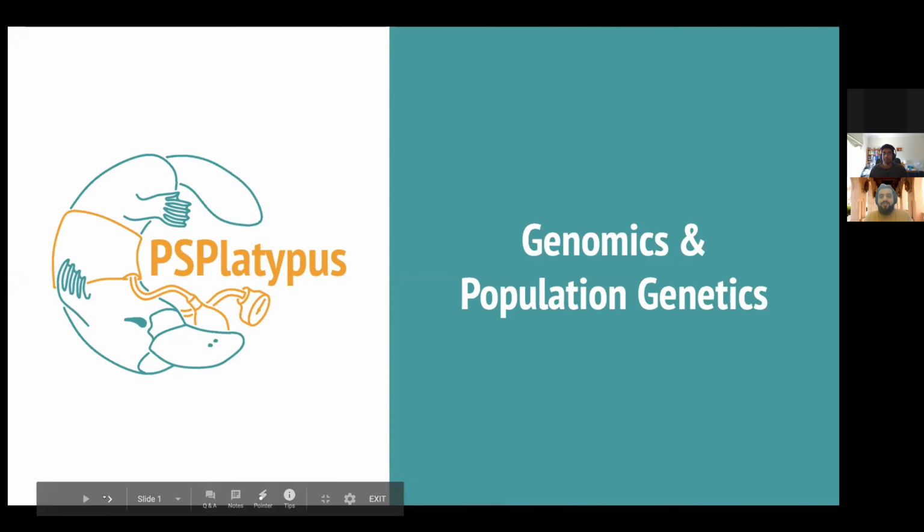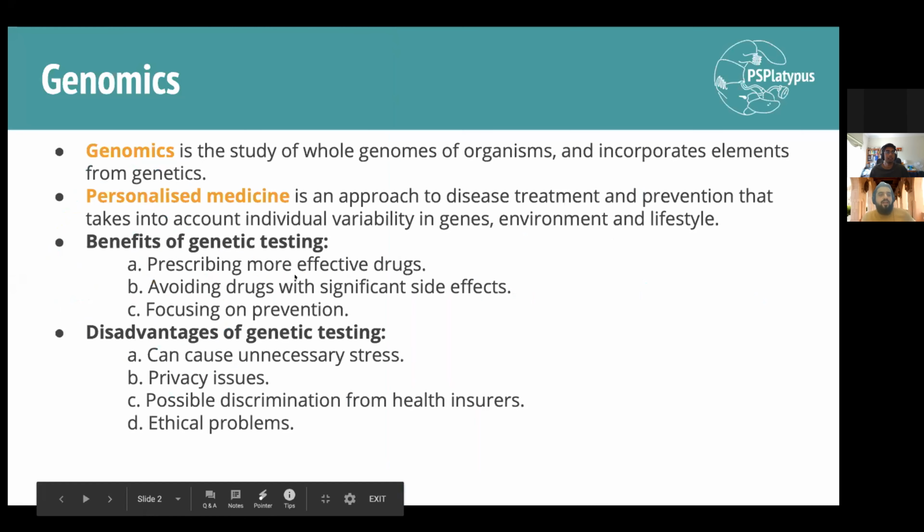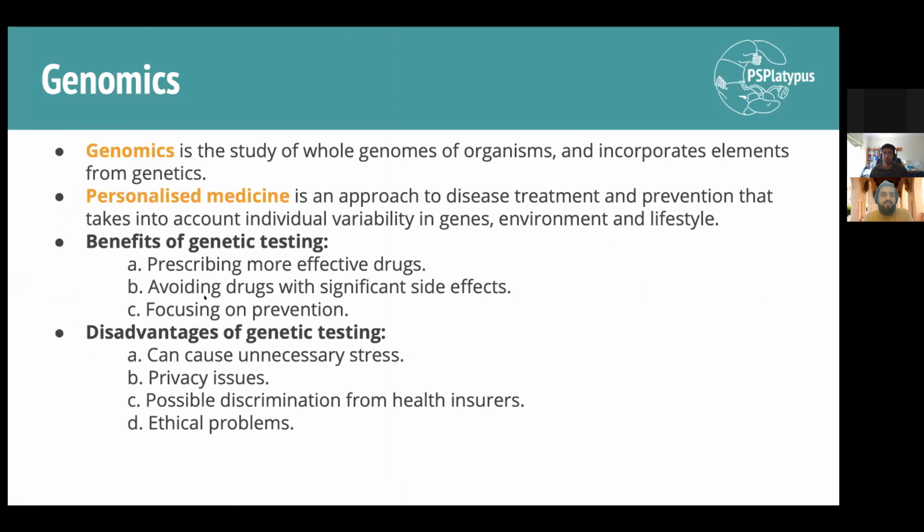So now we're going to talk about genomics and population genetics. And we start by the definition of genomics, which is the study of whole DNA of organisms and the elements that are associated with this.